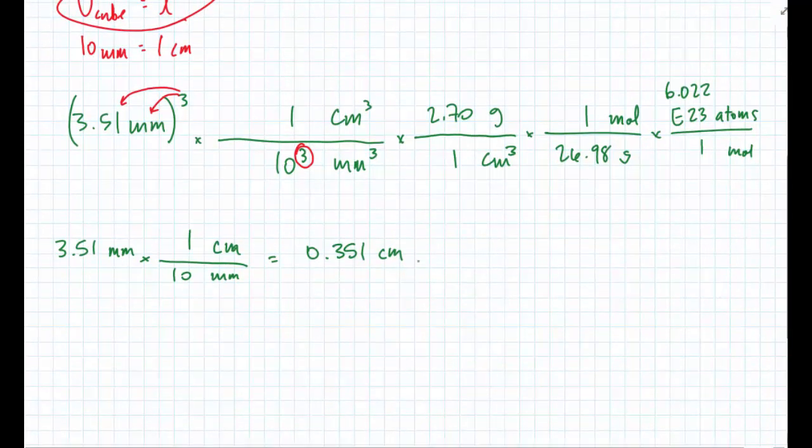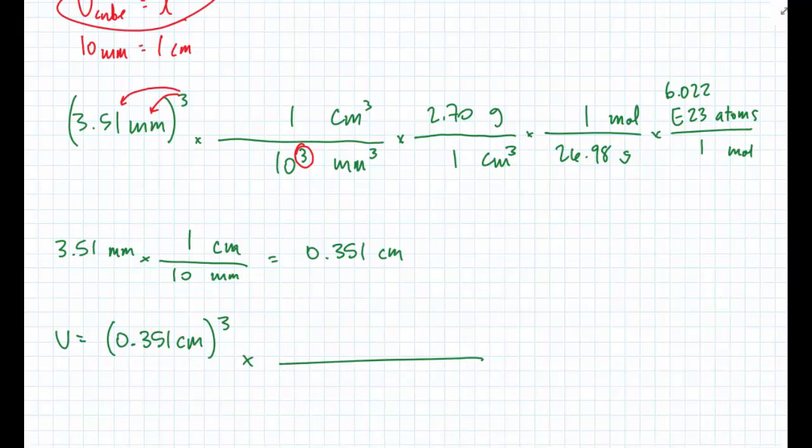So we kind of have to stop there and say that the volume is 0.351 centimeters and cube that whole thing. And then you can continue on, right? Because that gives you centimeters cubed at that point, and you can continue on from there. Okay. That's the only difference.